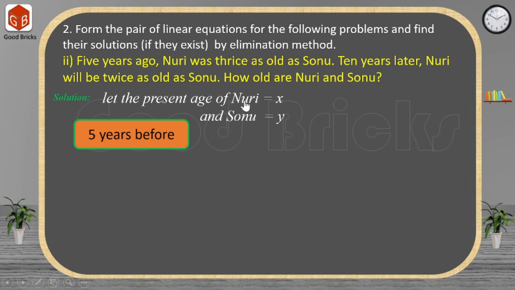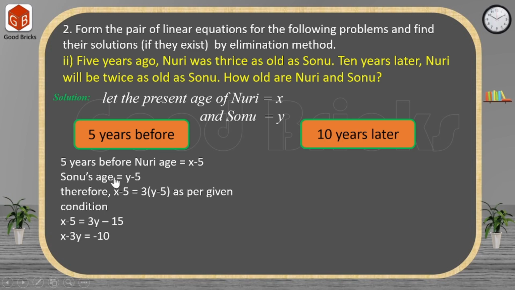You can guess that if Nouri's present age is X, then 5 years before how much? X minus 5. Similarly, Sonu's age is Y now, then 5 years before Y minus 5. So if you see here, 5 years before Nouri's age and Sonu's age we have written here, and as per the given condition 5 years ago Nouri was thrice as old as Sonu.